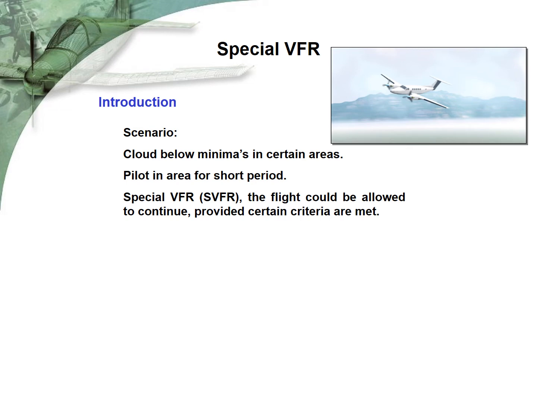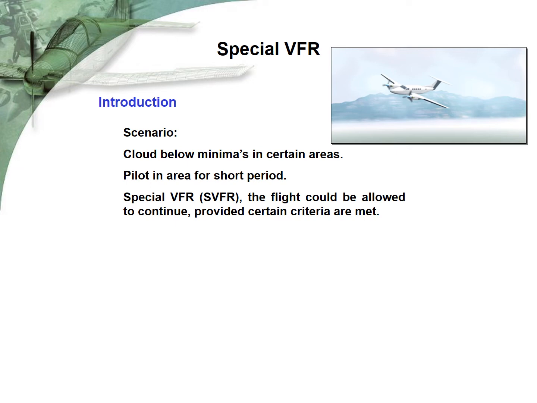We can define special VFR as a visual flying rule flight where the pilot flies visually and the weather conditions are below the visual flying rules minimas, and this can also happen at night. The answer is that simple.